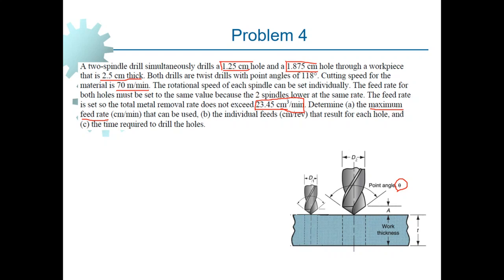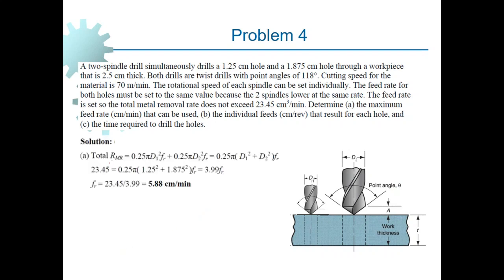However, please note that there are two different cutting tools cutting at the same time. So what we need to do is adjust the equation. That is, we take this equation from the equation sheet. However, the right-hand side of it needs to be written two times. Once for the smaller cutting tool, and once for the larger cutting tool. So we consider these two as D1 and D2.